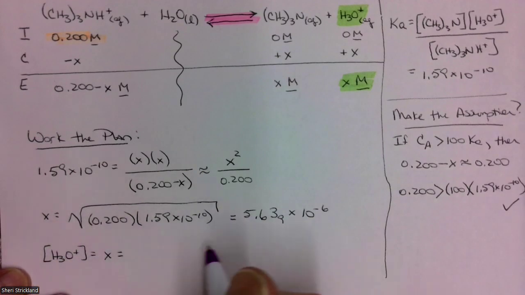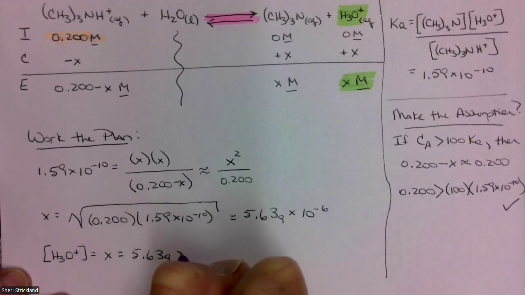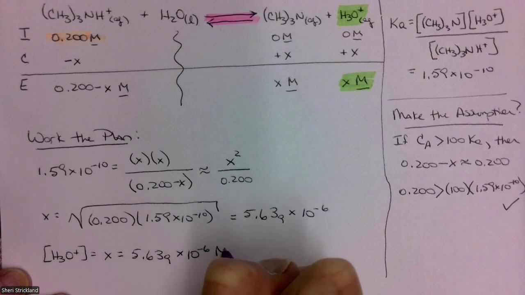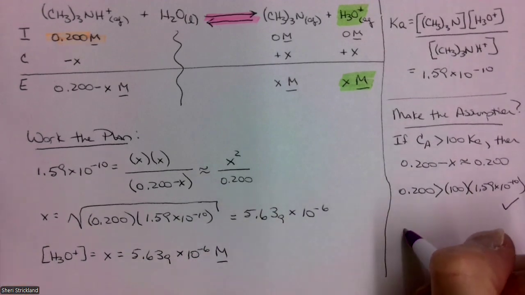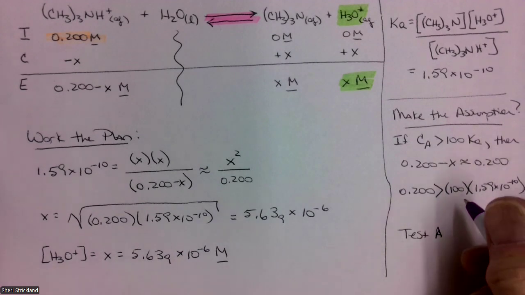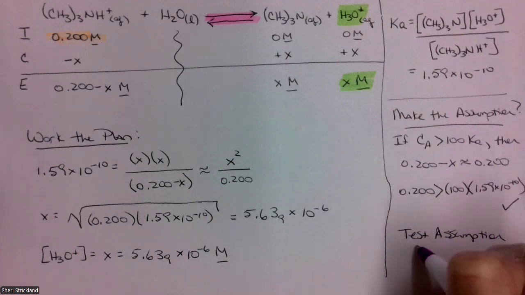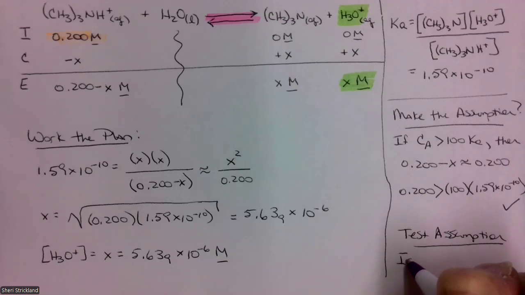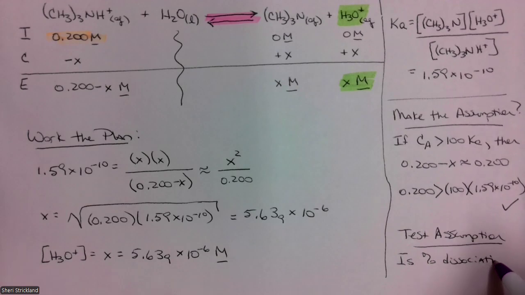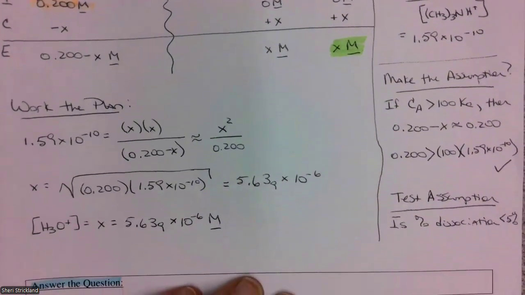Now, before we take this any further, we should test that assumption. And we test the assumption using the percent dissociation. We want to know, is the percent dissociation less than 5%? Okay, so what do we have?